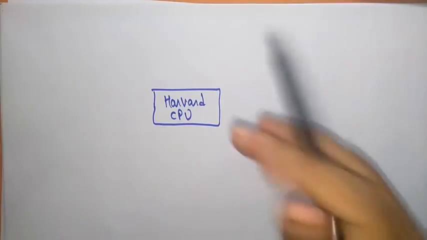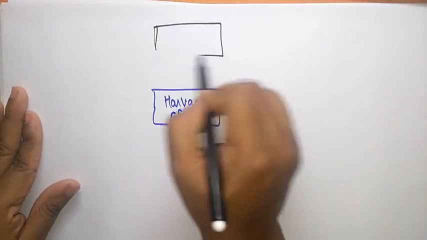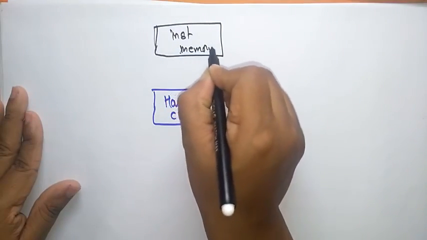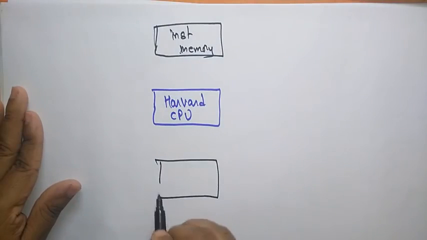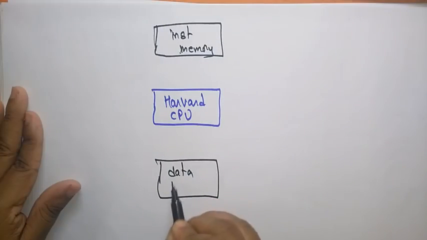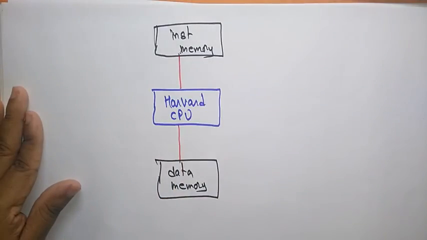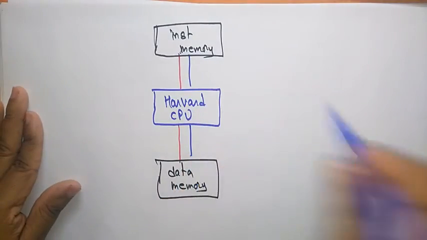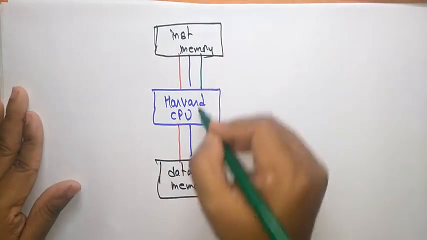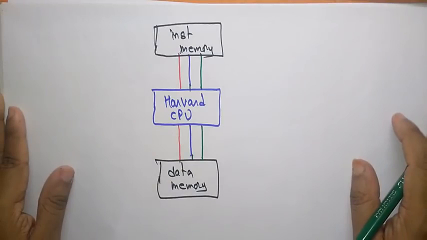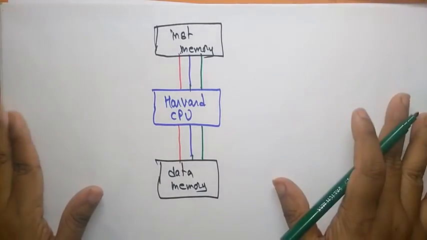This Harvard CPU has separate memory blocks, one for instruction memory and another for data memory. Each has separate buses, that is the address bus, data bus, as well as the control bus. This is about the Harvard architecture.